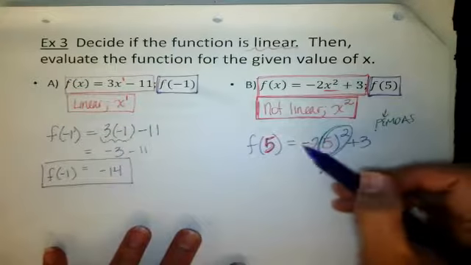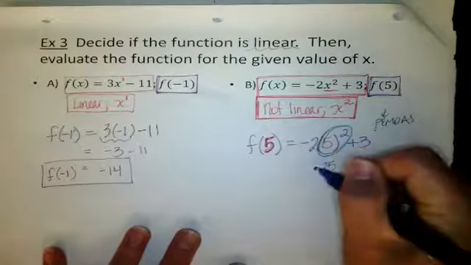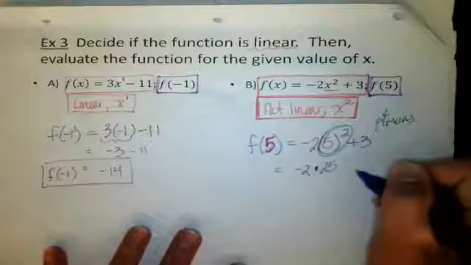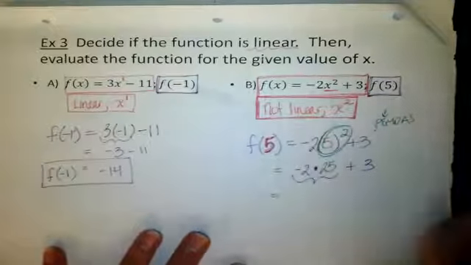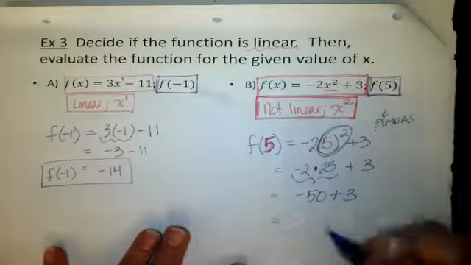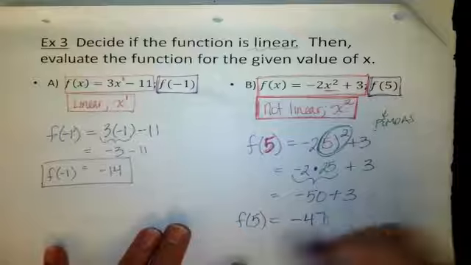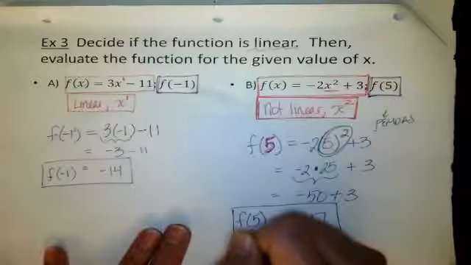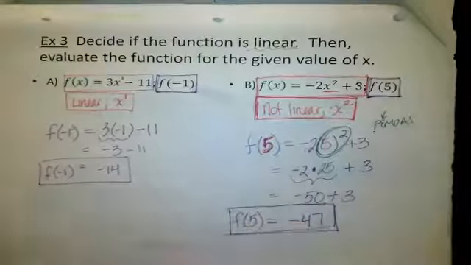And then what does this mean when I have a negative 2 right out in front? Multiplication. It's negative 2 times 25, which is what we're going to do next. Negative 2 times 25, negative 50, plus 3, negative 47. Very good. 50 negatives, 3 positives.